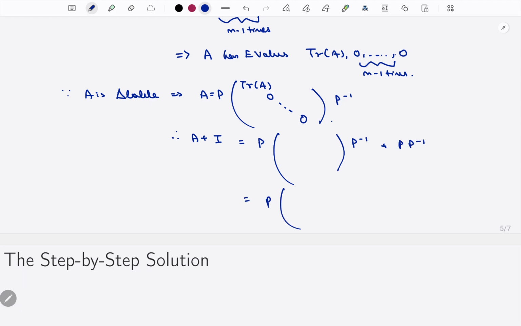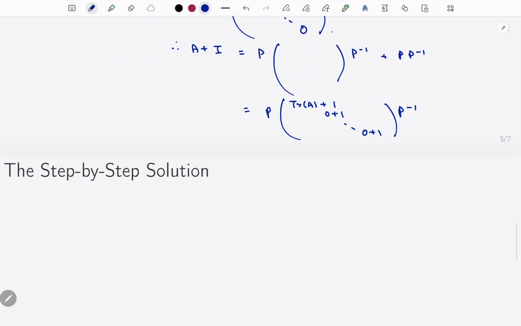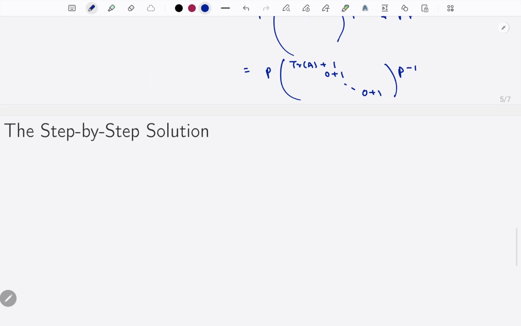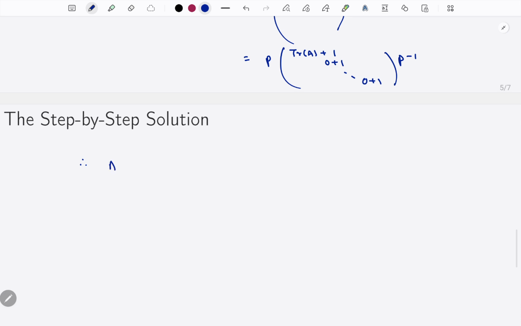So this is P times the diagonal entries trace of A plus 1, then 0 plus 1 and so on till 0 plus 1, times P inverse. Therefore A plus I has eigenvalues trace of A plus 1 and all the rest being 1.